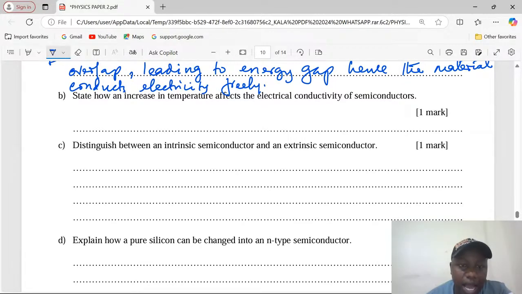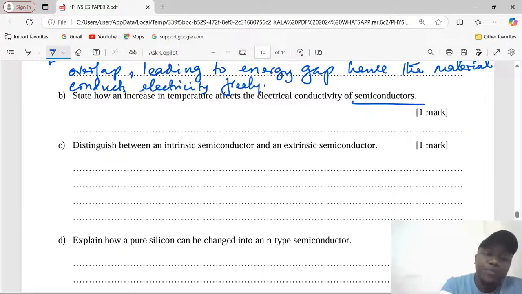State how an increase in temperature affects electrical conductivity of a semiconductor.